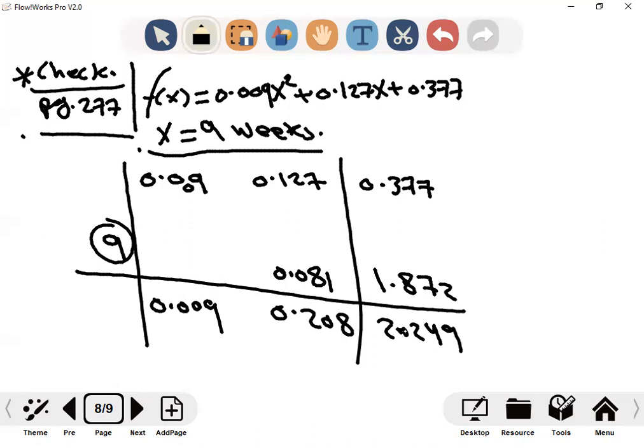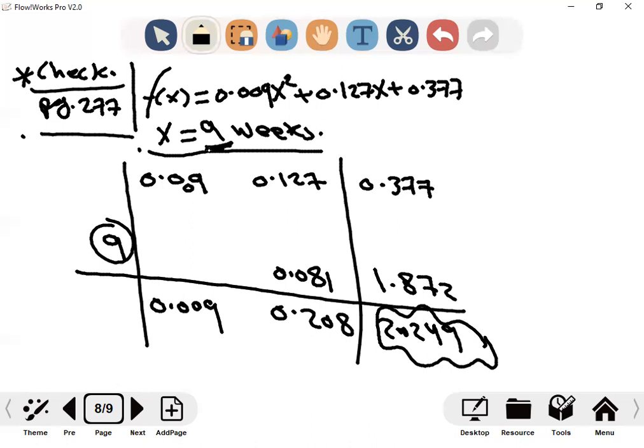Okay, pounds, right? So this is the weight of this cat, the ideal weight, the healthy weight for this cat after 9 weeks of birth. Okay, do you understand me? Yes.